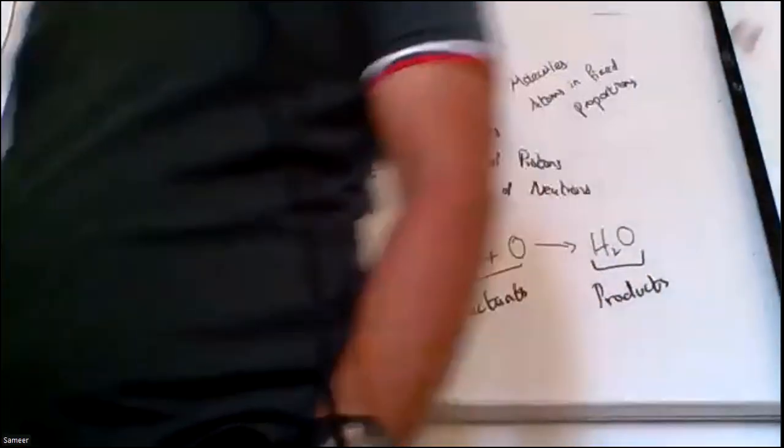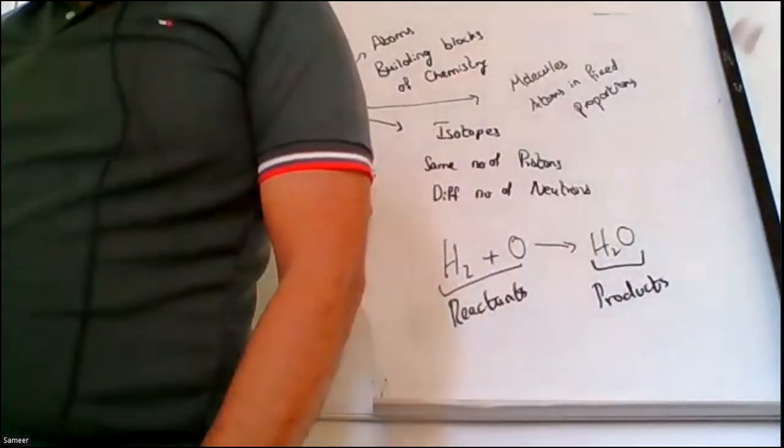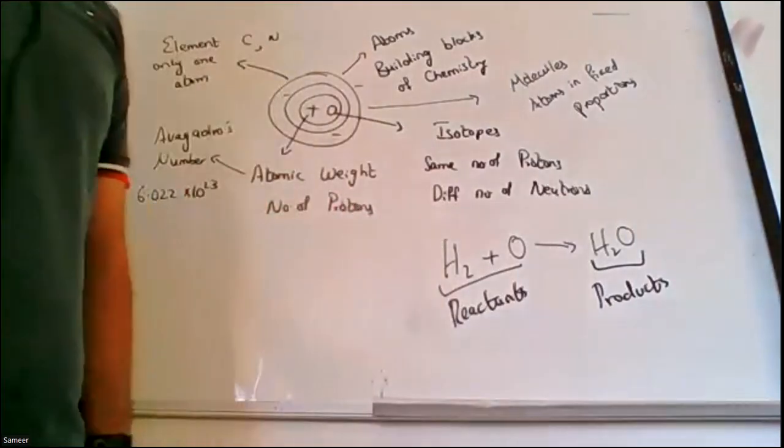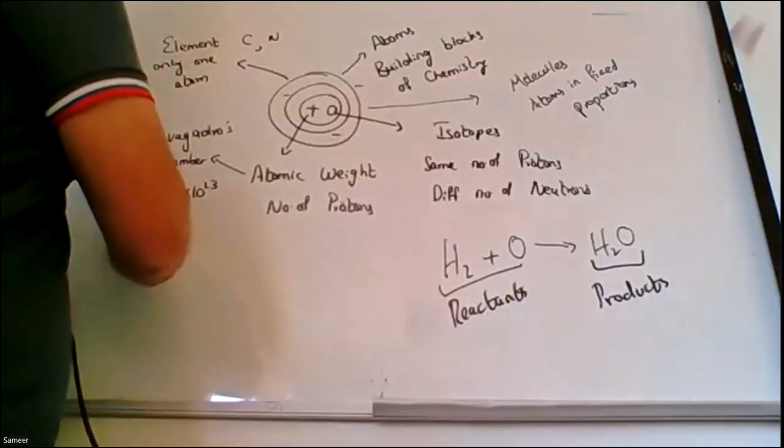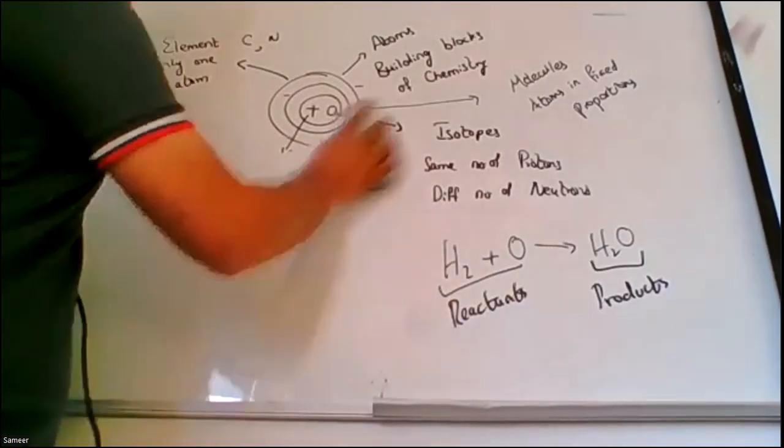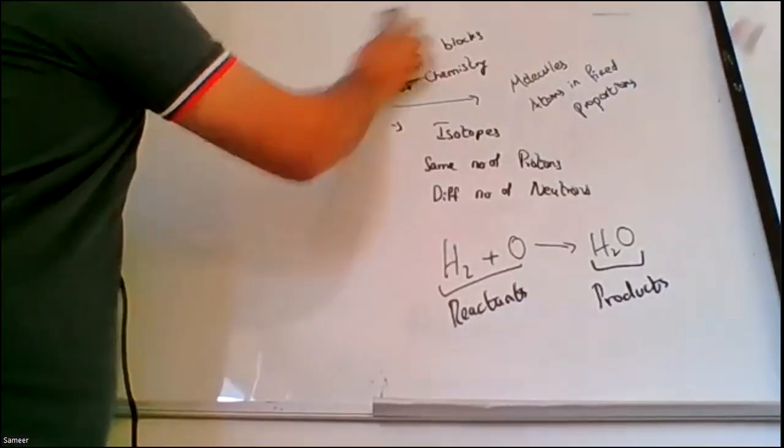Whenever we are talking about chemical reactions in fire chemistry, one reaction is very important. That reaction is usually made by the stoichiometric mixtures. We'll see what the stoichiometric mixtures do.